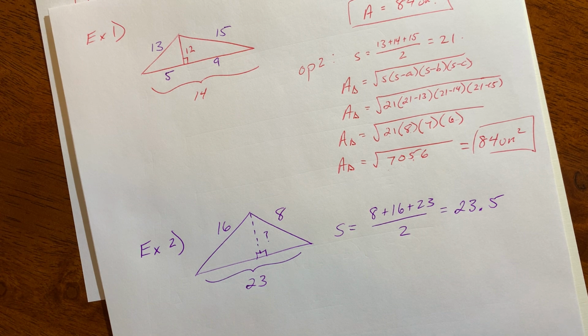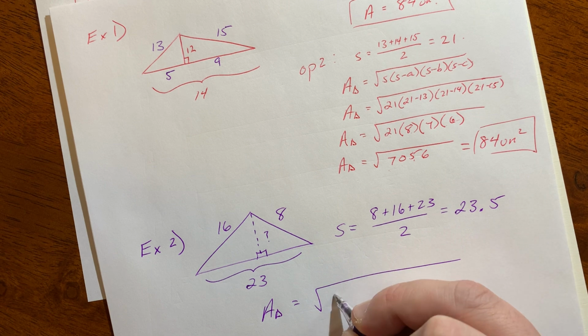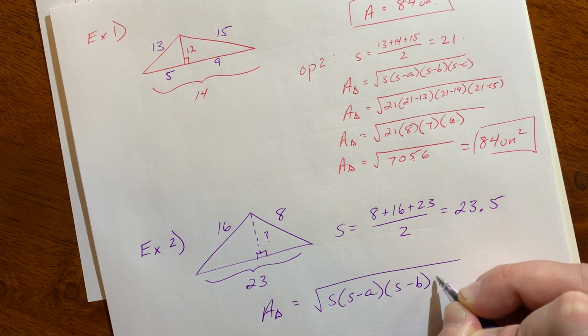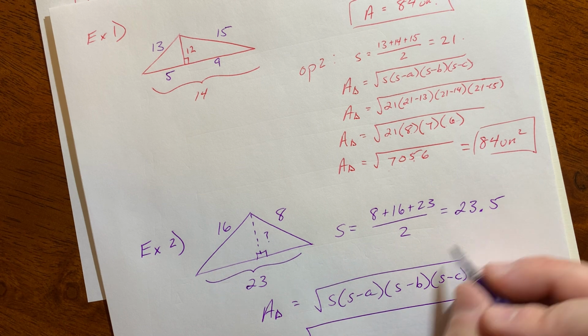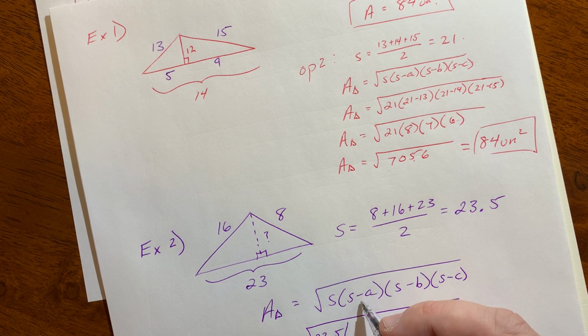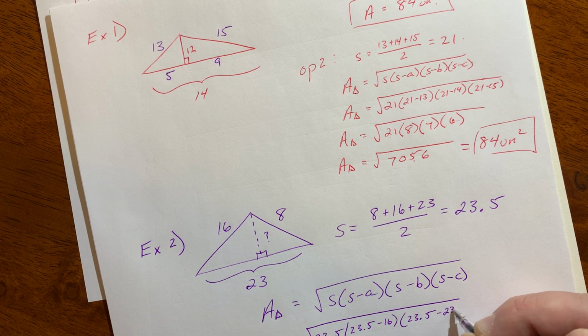What we would be able to do now is take that the area of a triangle is the square root of s times (s minus a) times (s minus b) times (s minus c). So the area of this triangle is 23.5 times, okay, and then s minus a is 23.5 minus 16. s minus b is 23.5 minus 23.